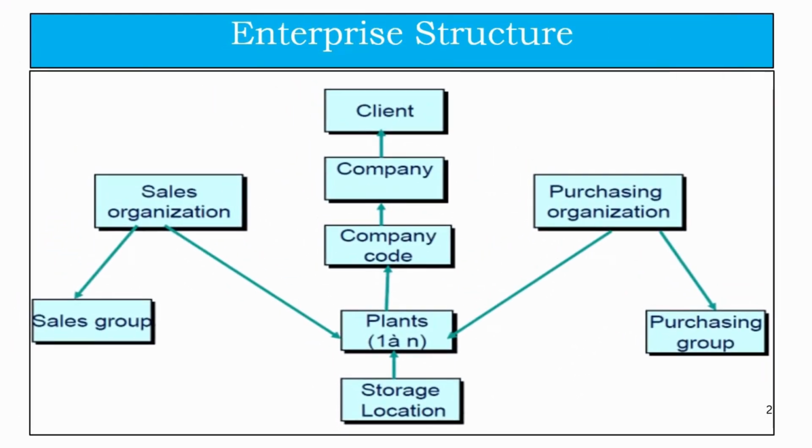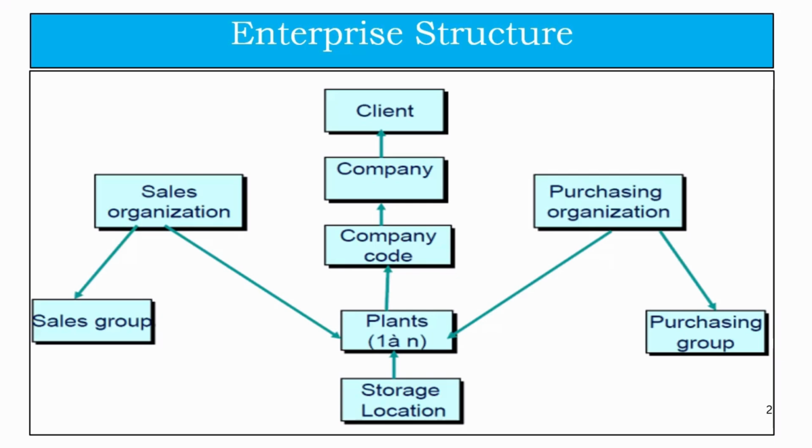This is the model of infrastructure. Client: for example, SAP is selling its ERP software to, let's say, Bajaj. So Bajaj is a client for SAP, and SAP assigns the client code based upon the regions.